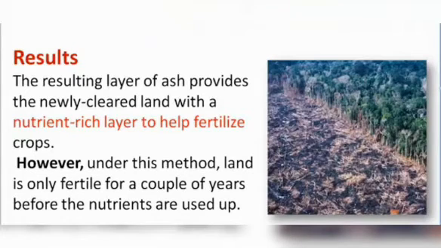As a result, the layer of ash provides the newly cleared land with a nutrition rich layer to help fertilize crops. So in order to improve the nutrition value of the soil, this method was highly practiced.